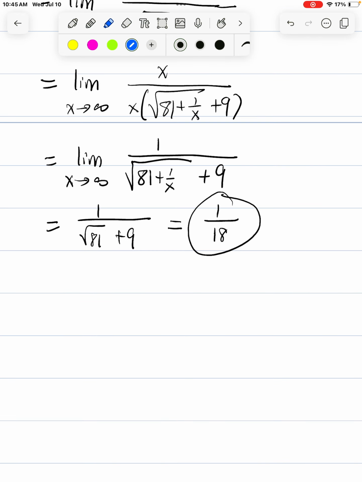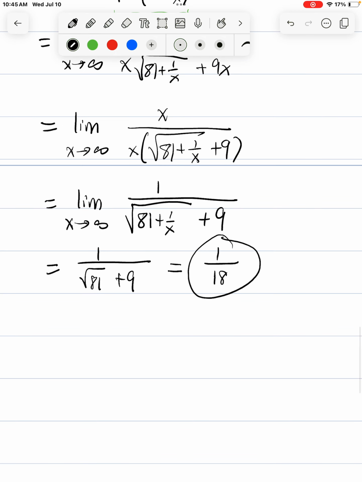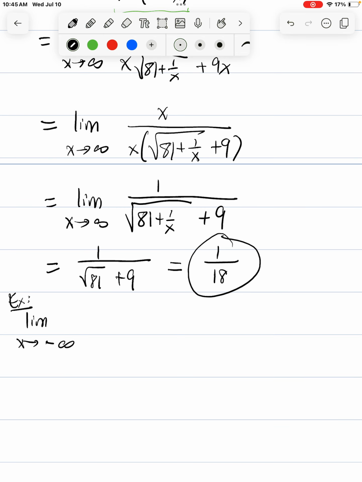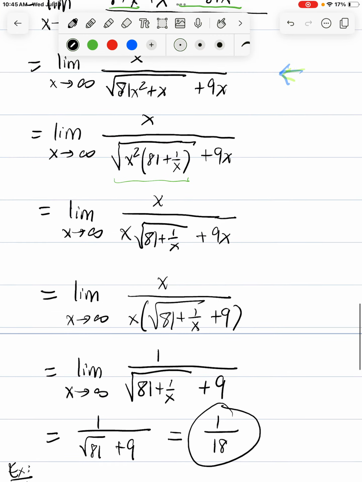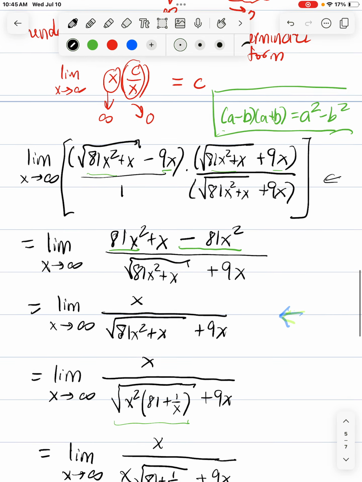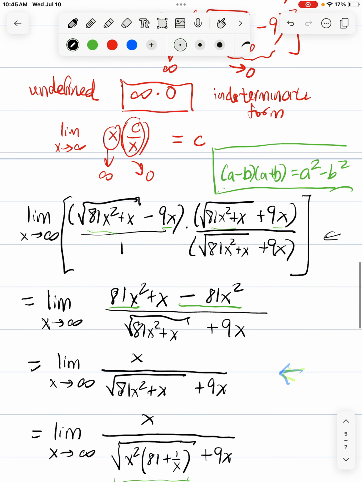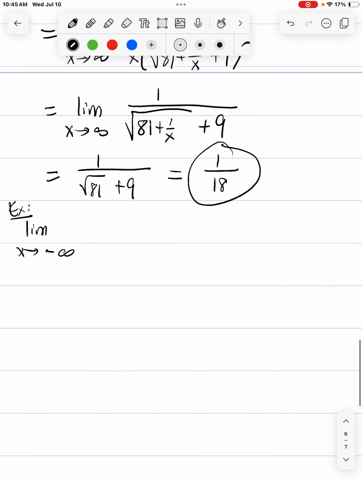Okay, now let's see what happens if you had the limit as x goes to minus infinity. So if I had the limit as x goes to minus infinity of the square root of 81x squared plus x minus 9x, what happens?